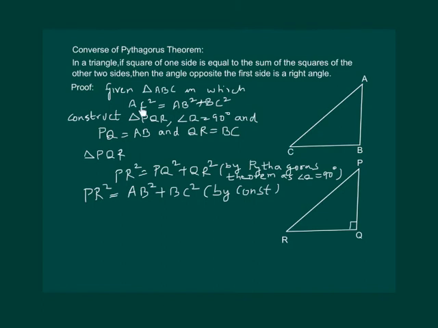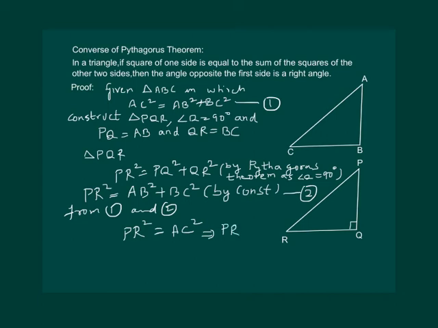But it was given to us that AC square is equal to AB square plus BC square. So from first and second, what we have is PR square equal to AC square, which implies that PR equal to AC.